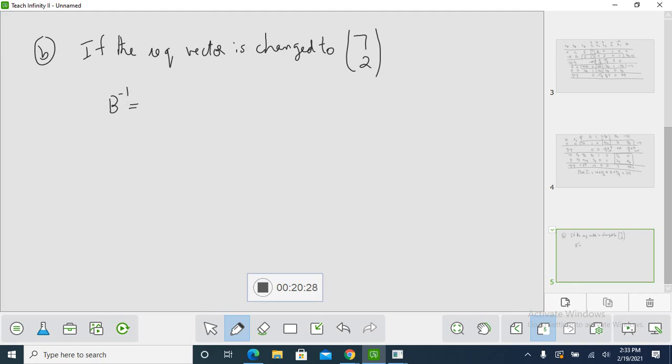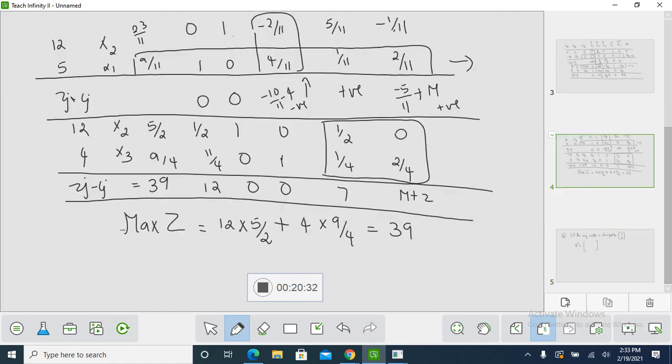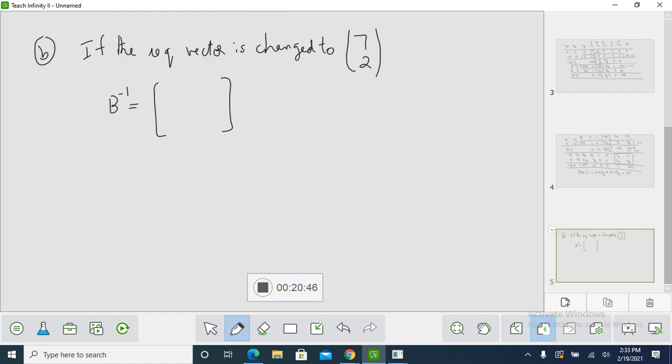My B inverse is nothing but this one which I put in the box. That is the values corresponding to the basis elements S1 and R1. So my B inverse is half 0, 1 by 4, 2 by 4.